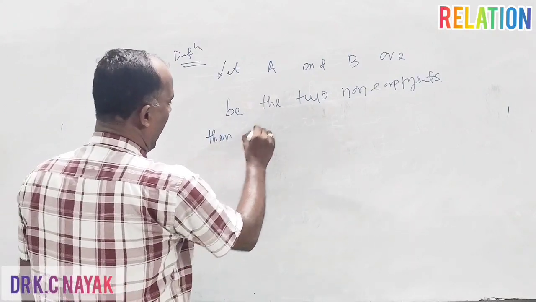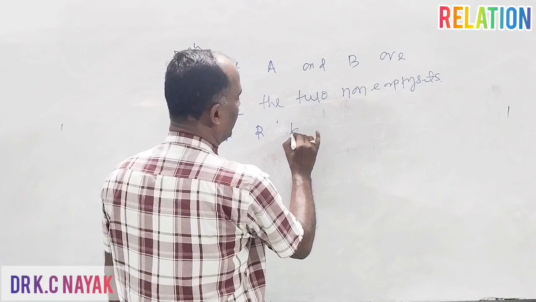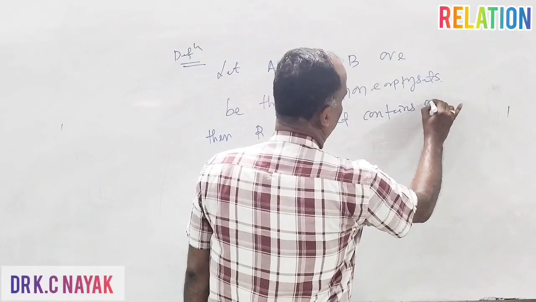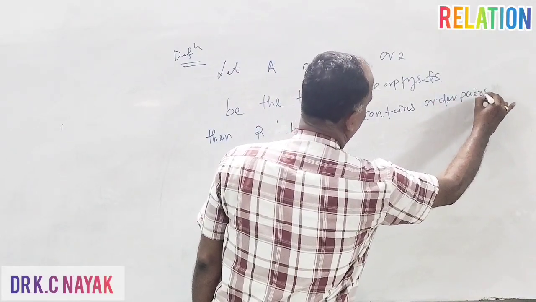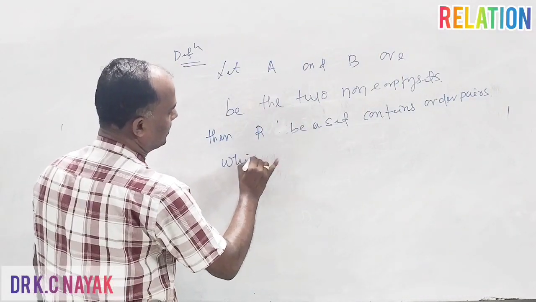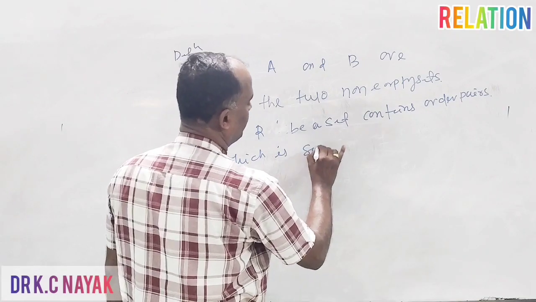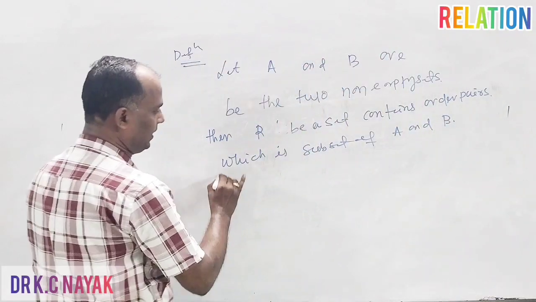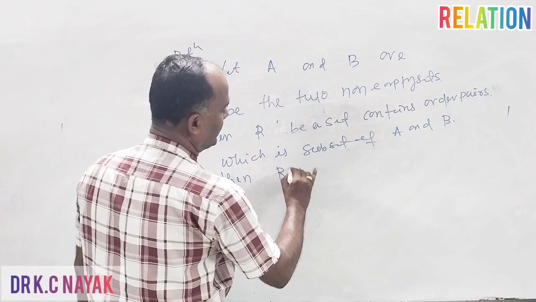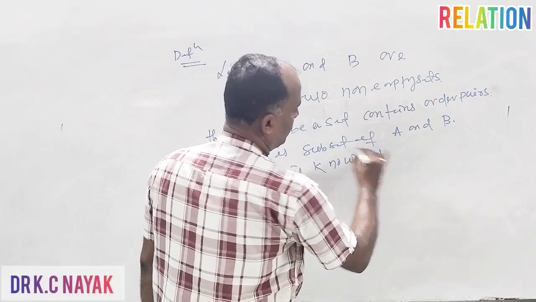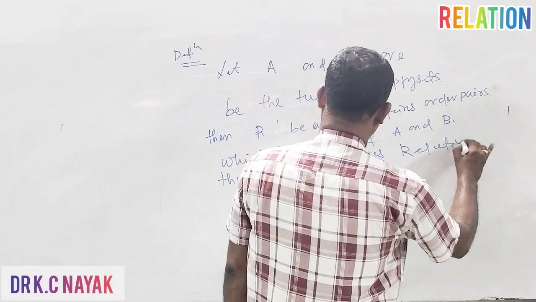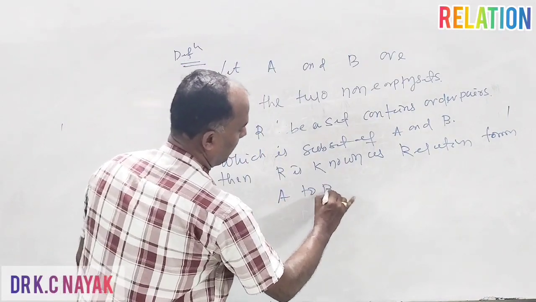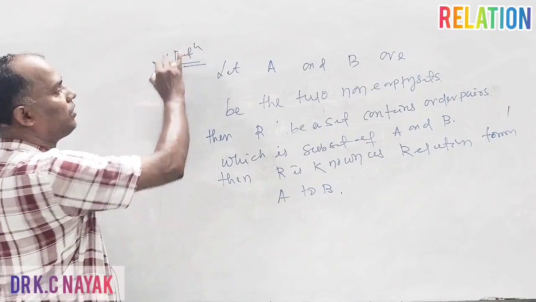Then R, a set, contains ordered pairs which is a subset of A cross B. Then R is known as a relation from A to B. This is the definition of a relation.